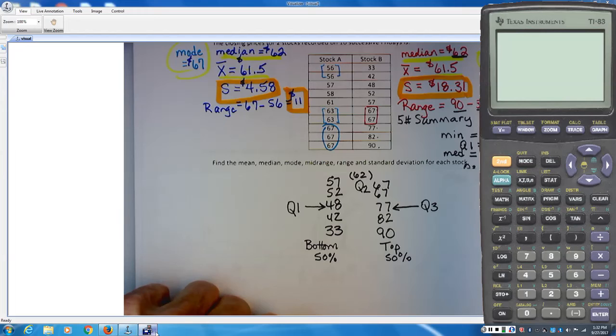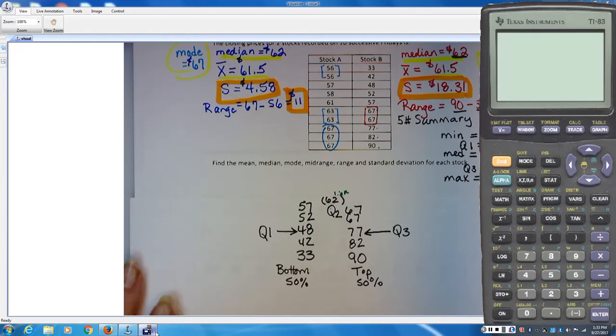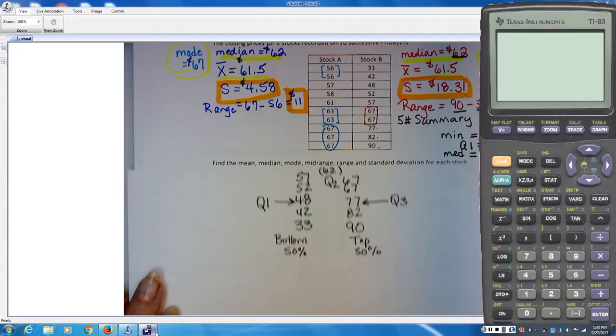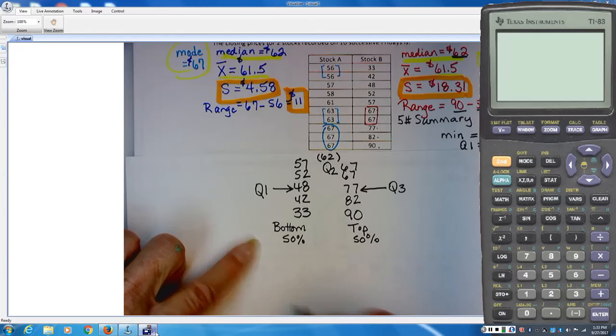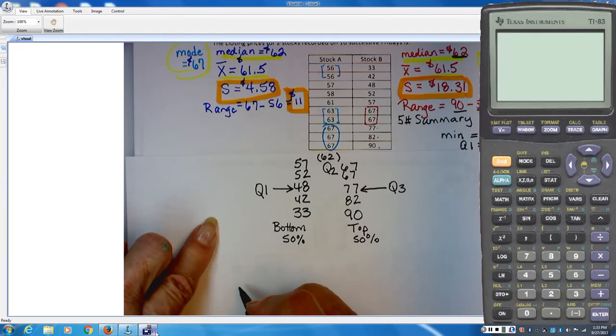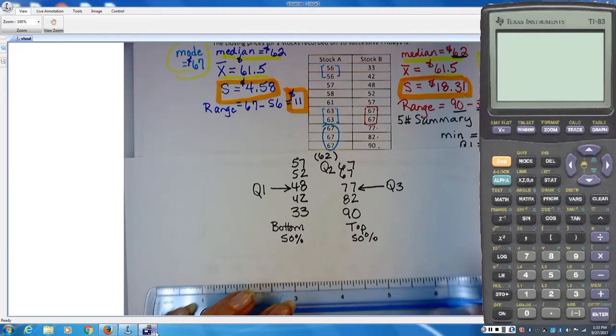When we make the box plot, it makes a picture of all these numbers that makes it a little easier to see how they relate to one another. So what the box plot's going to look like is it's going to start with the 5-number summary. And I'm going to make a number line to make sure that I've got everything lined up.